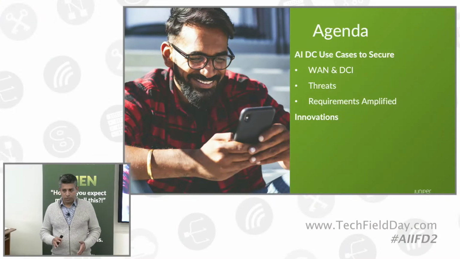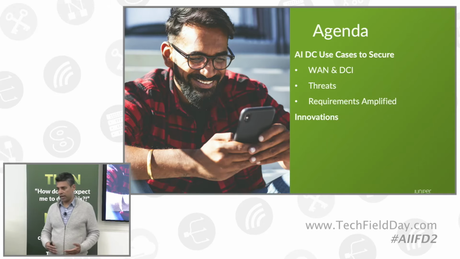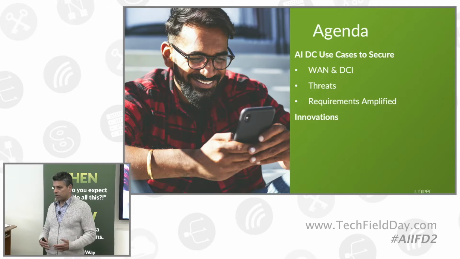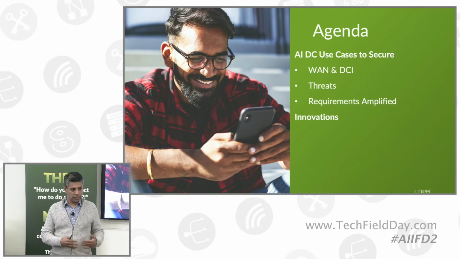Part of the agenda is to look into some of the use cases when it comes to AI data centers. Praful covered a few things. This is about how do we help secure the WAN and data center interconnect links. We'll talk about using the example of a couple of threats. How can we help focus on the data and prevent data loss?